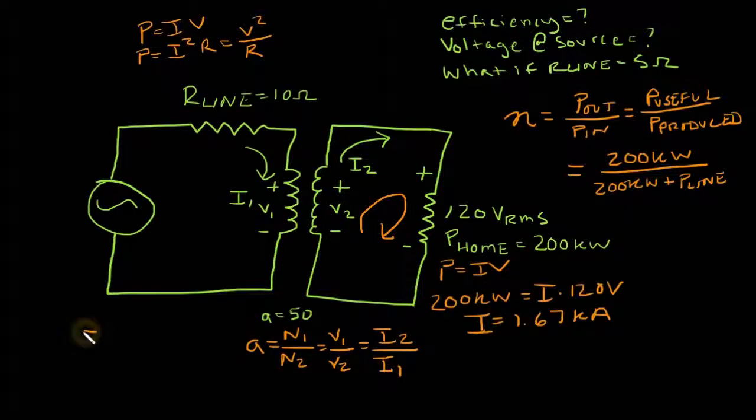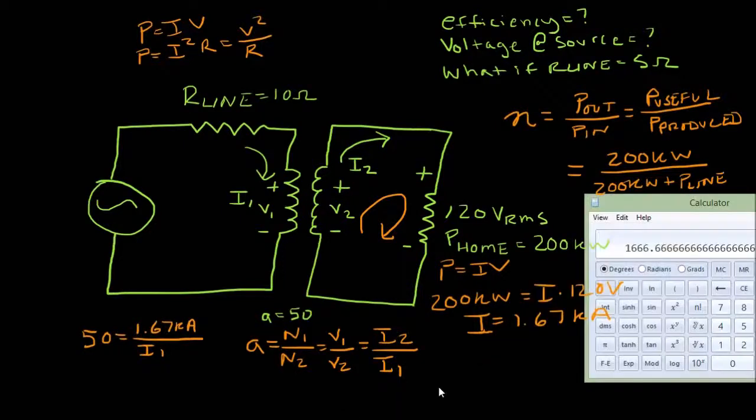So I've got 50 equals 1.67 kiloamps divided by I1. Switch over to our calculator again, and I'll divide this by 50.